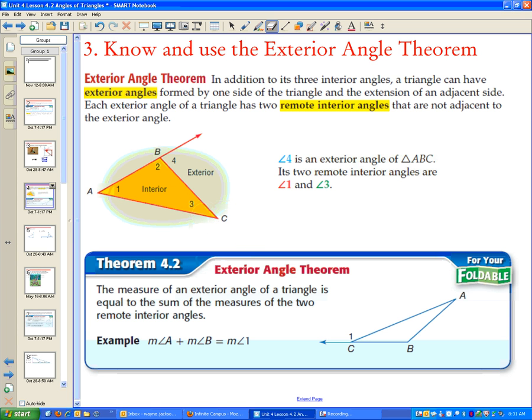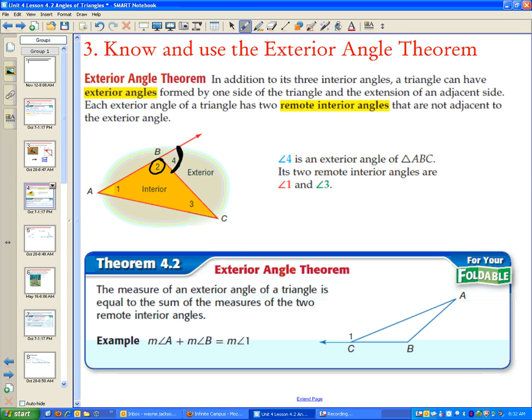All right. Now, each exterior angle of a triangle has 2 remote interior angles. So let's look just here at angle 4. Okay? There are 3 interior angles. Always 3. No matter what exterior angle you draw in, there's always 3 interior angles. In this case, angle 1, angle 2, angle 3. One of the interior angles is adjacent to our exterior angle, correct?